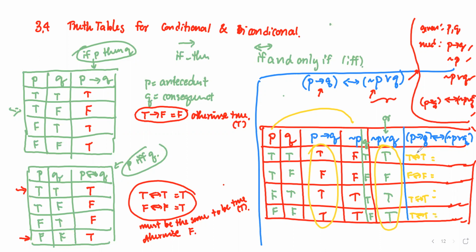For this problem, the first row, T if and only if T, they look the same, so true. The second one, they look the same as well, even though both of them false, gonna be true. And then another true, another true. The problem returns true for all cases. So this is a case of a tautology. Okay, so we are done, and the result is from the last column, which is this one. So this is the result.